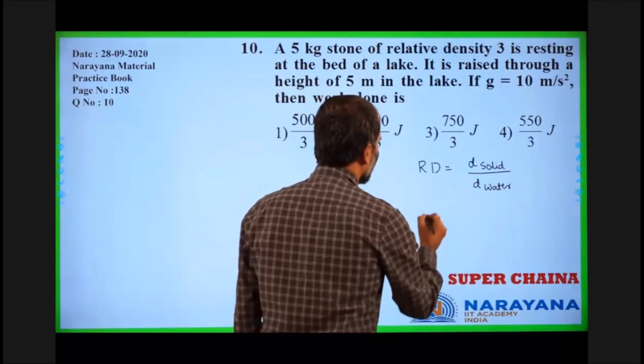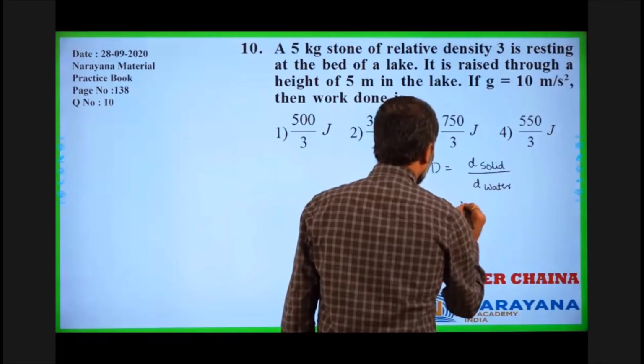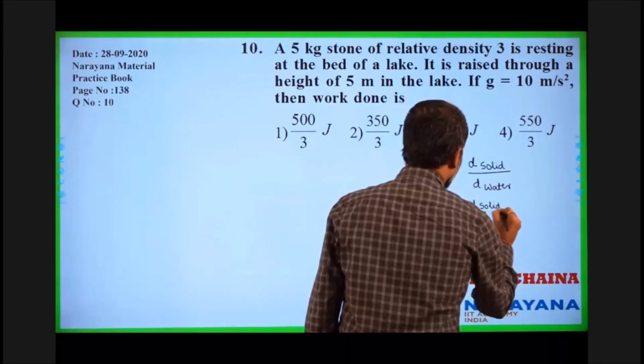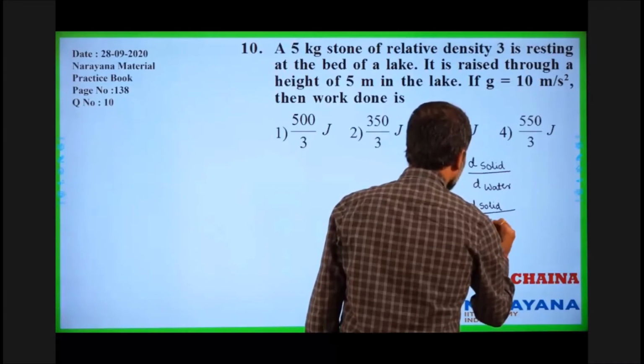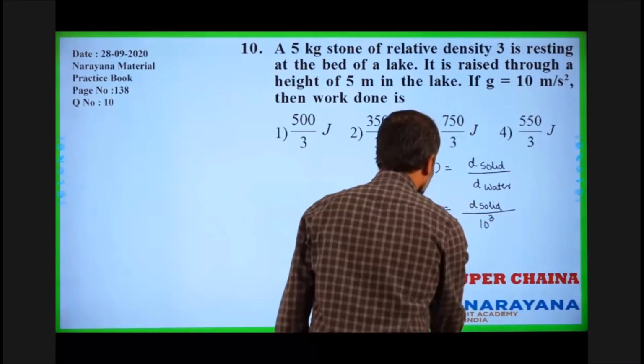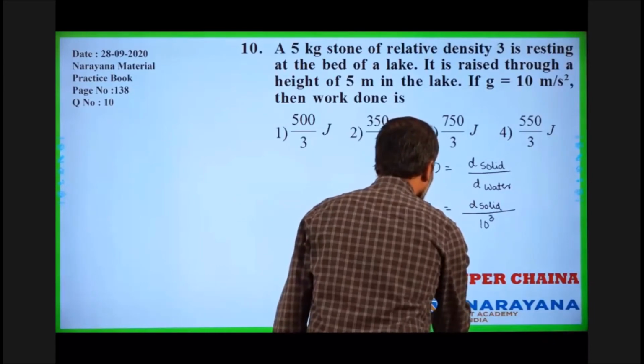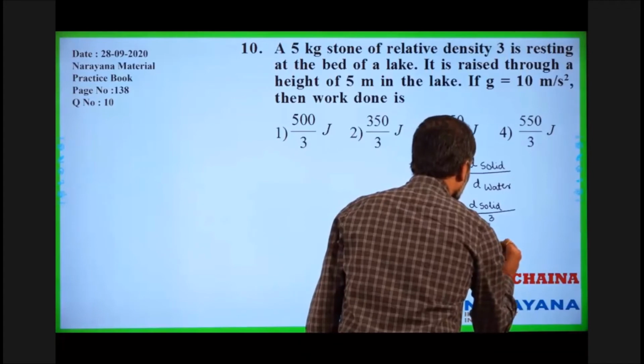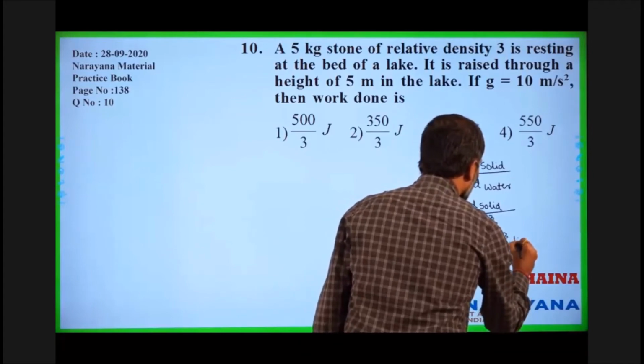Relative density is given by 3, density of water is 1000 kg per meter cube, and hence density of solid is now equals to 3 into 10 power 3 kg per meter cube.